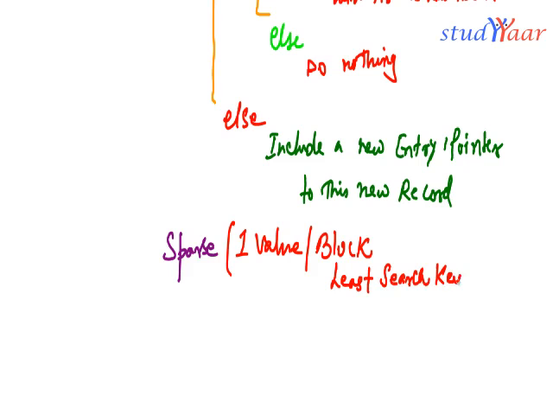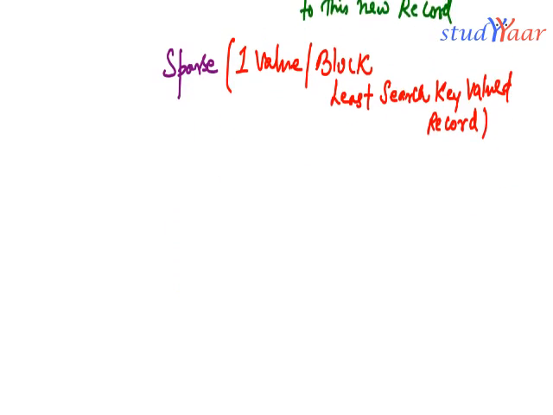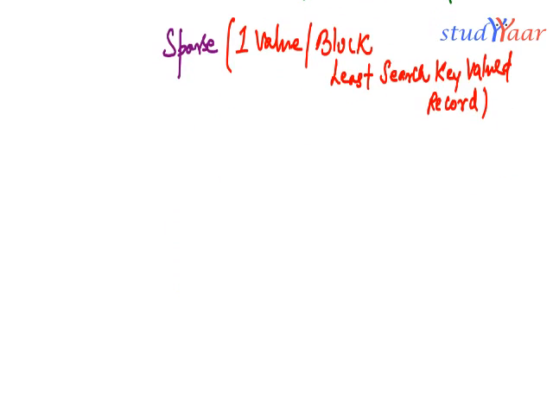Only the pointer to this least search valued record is stored in a sparse index.